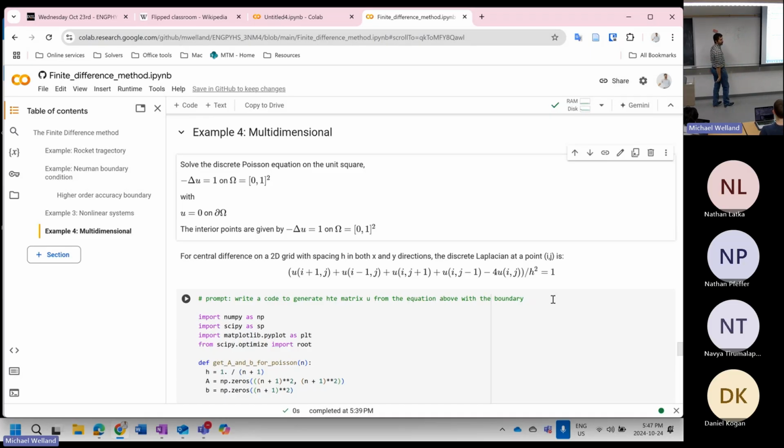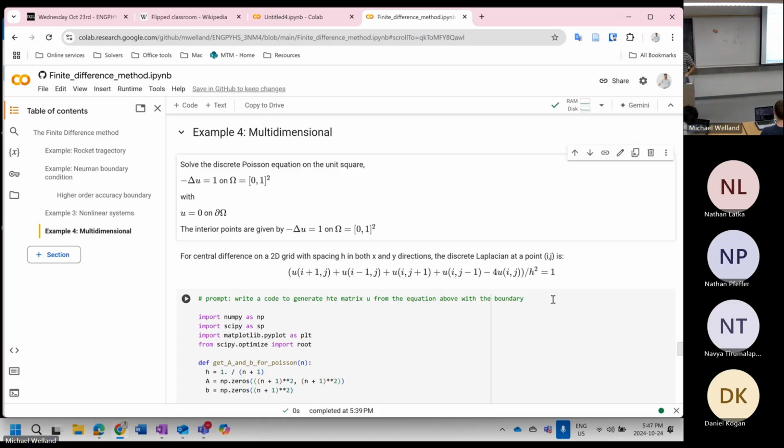We already know central difference, so you just calculate it component-wise. Same thing with the Laplacian: ∂²f/∂x². We know that one. We know the mixed one too. The mixed one is super simple: you take the difference that way and then that way, and you get a formula for it. It's super easy to get. And then you can calculate this.